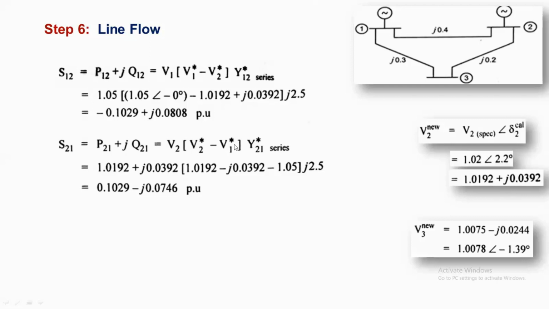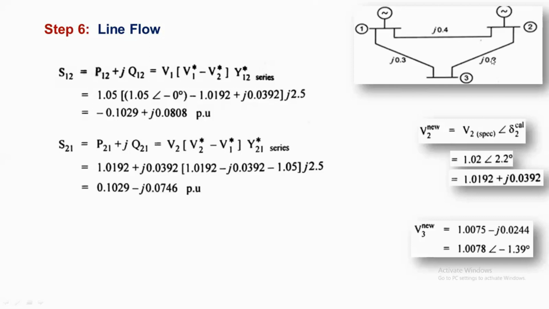Then V1 is the specified value 1.05 minus j0, so write 1.05. Then Y21 star, the same line admittance, j2.5. The answer becomes 0.1029 minus j0.0746 per unit.